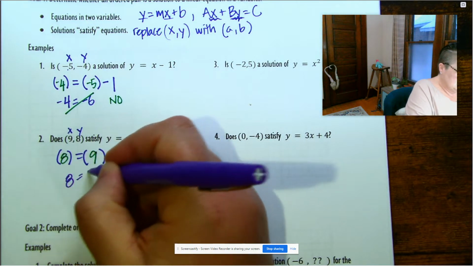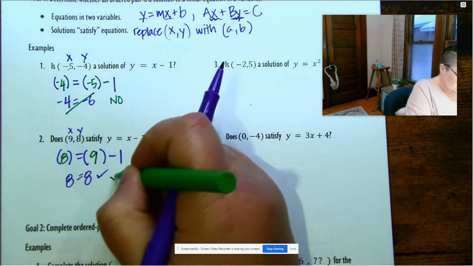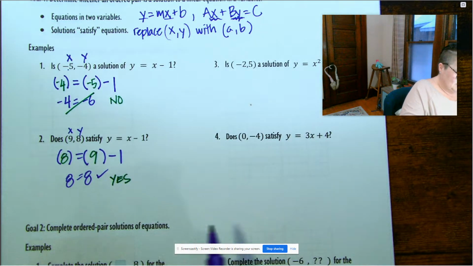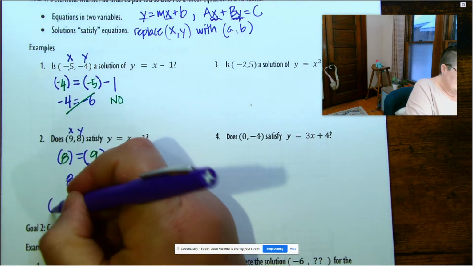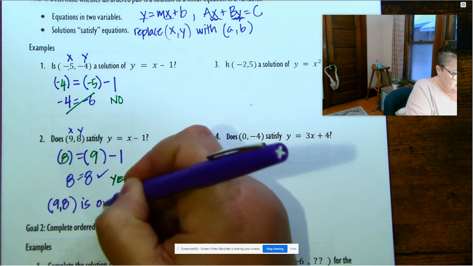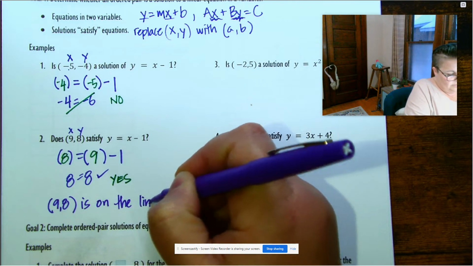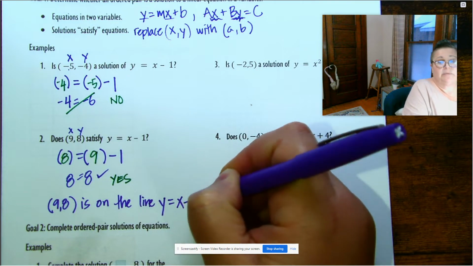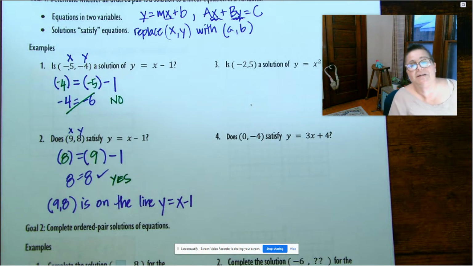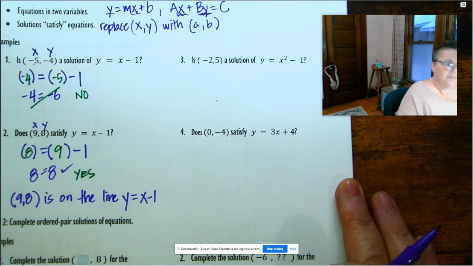Well, 8 is equal to 8. So that is true. What does that tell us? That tells us that 9, 8 is on the line. So if a point satisfies an equation, then it is on that line. It is a point that we can graph.